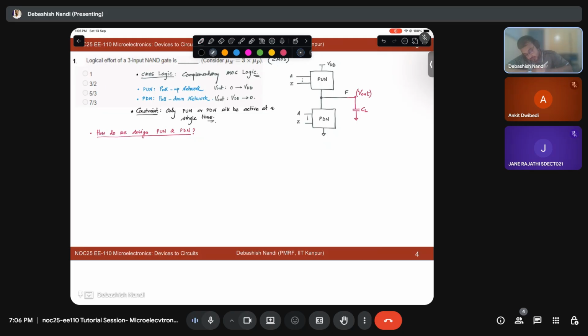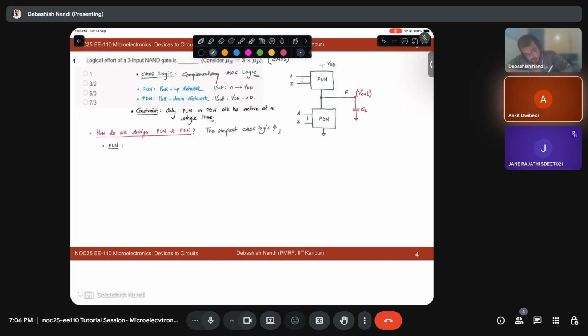For example, let's talk about PUN and the simplest CMOS logic. What is the simplest CMOS logic? The inverter.